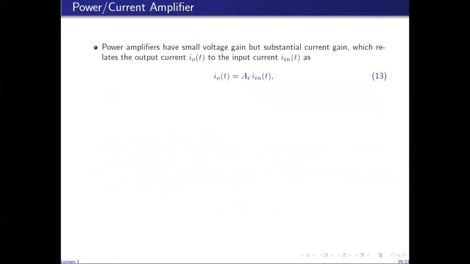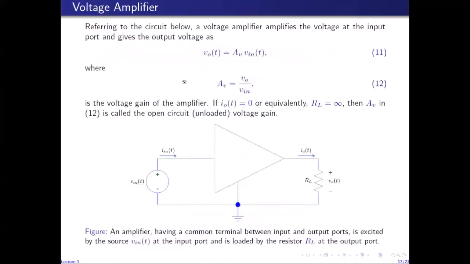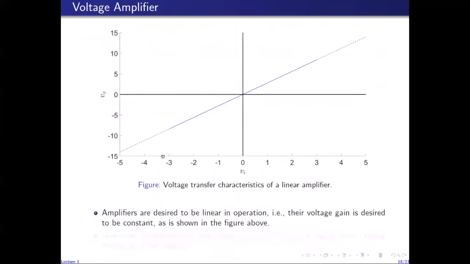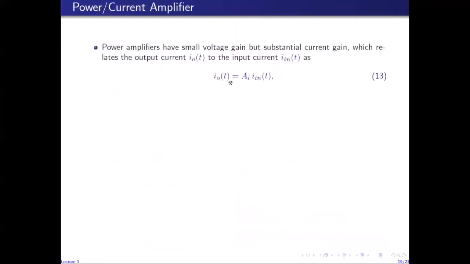Another amplifier, which is called the current amplifier, or equivalently the power amplifier, has a small voltage gain but a substantial current gain, which relates the output current, referring to this circuit here, to the input current through this relation, where Ai is called the current gain of the amplifier.